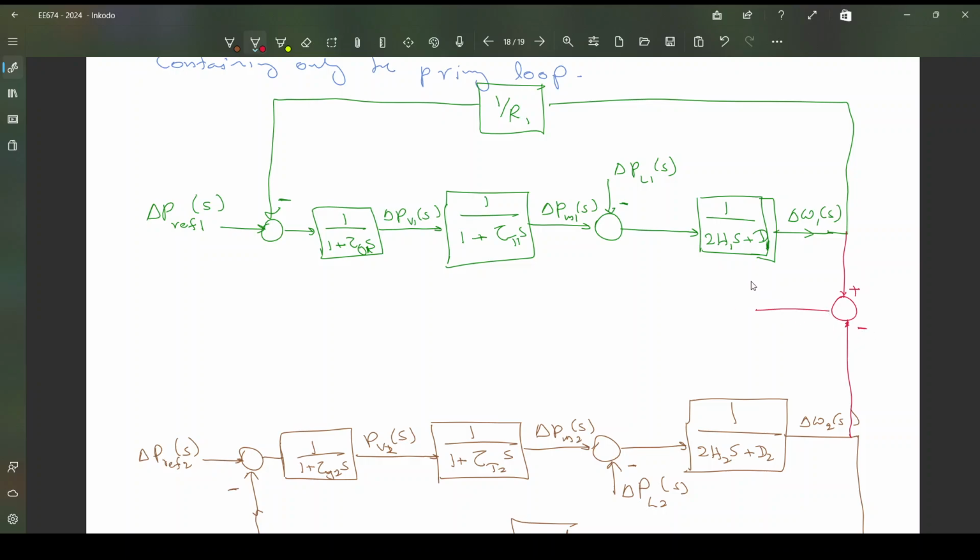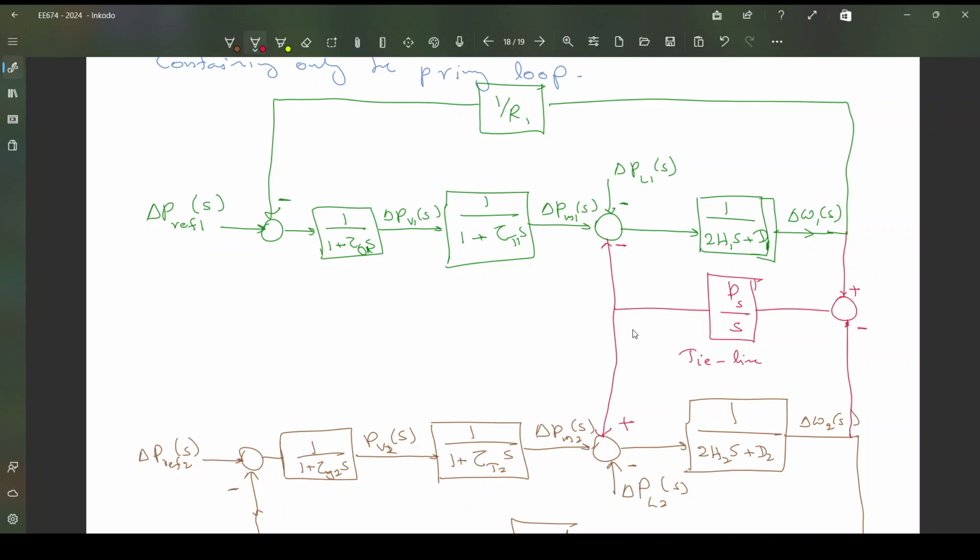And then you multiply it by Ps over s in the Laplace domain, you get delta P, the power flow in the tie line. So this can go in either direction. One end sees a load increase and the other end sees a load decrease. So for one end it is negative and the other end it is positive. Right, so this is the tie line.